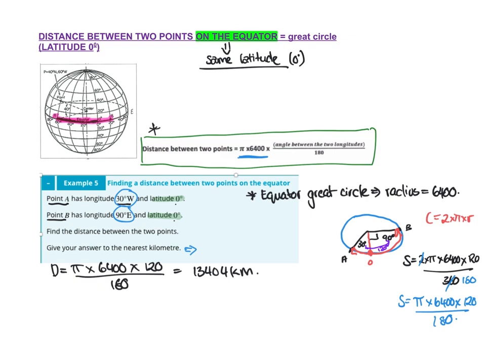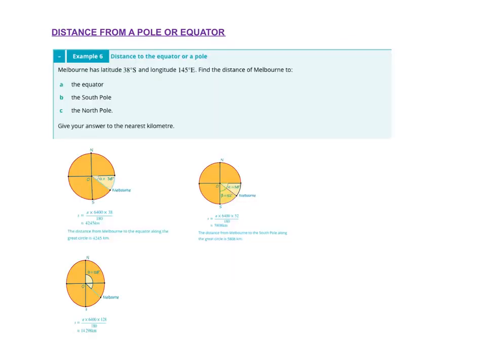Here are a few more, distance from a pole or the equator. Melbourne has a latitude of 38 degrees south and a longitude of 145 east. So find the distance of Melbourne to the equator.